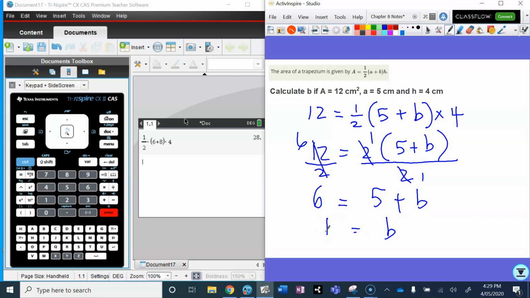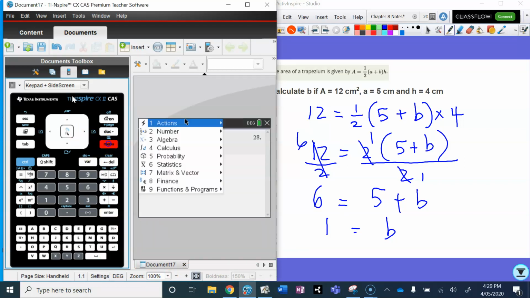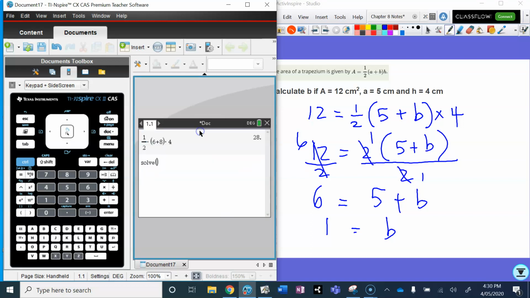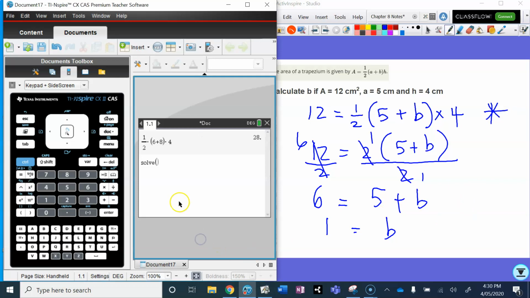Much, much simpler to do on the calculator than it is to do by hand. And to go through the calculator skills for this one, you may have seen these ones before: menu, algebra, and solve. And then I'm going to just type in this top line here of the equation, exactly as it looks there.